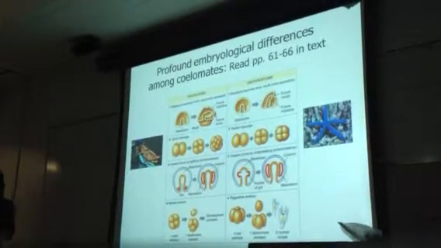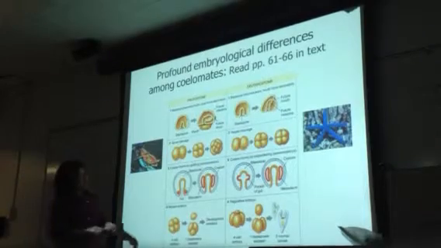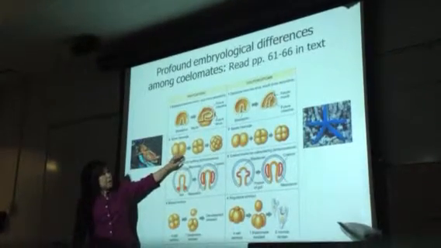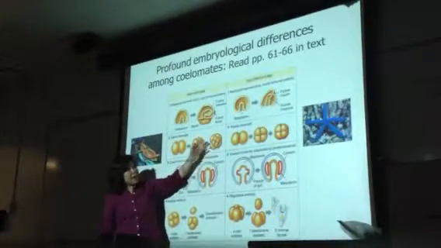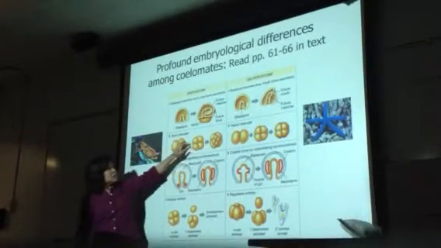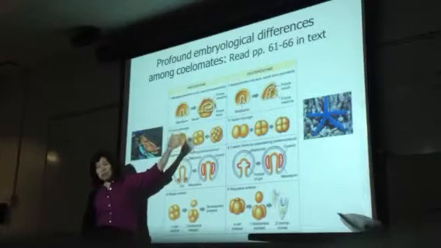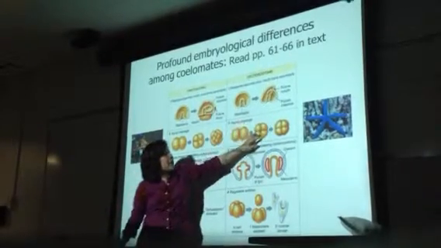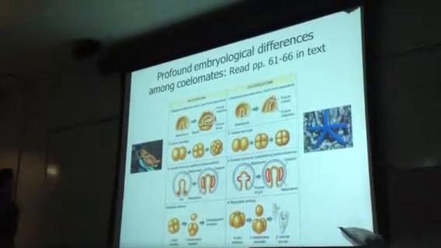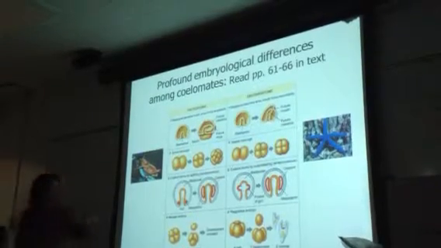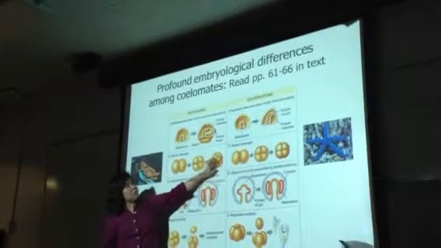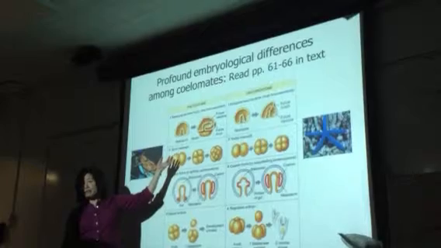So we've then just described some of the basic differences in cell size and cell location, depending on whether you cleave in a spiral pattern or in more of a radial pattern. And so that gives rise to different relative positions of different cells in the body.